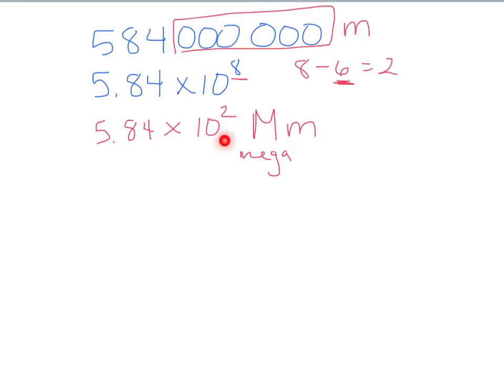If you wanted to simplify this even more, you'll commonly see it written out just as the whole number instead of scientific notation, as long as the number is not too large. So the last way that you could write this is you could just say 584 megameters. And that is the simplest way.